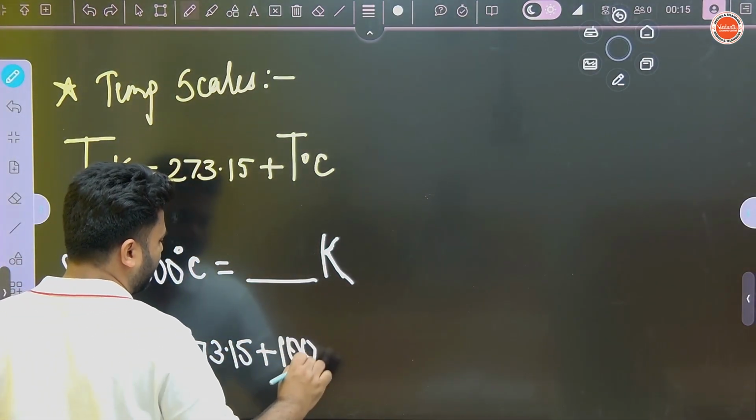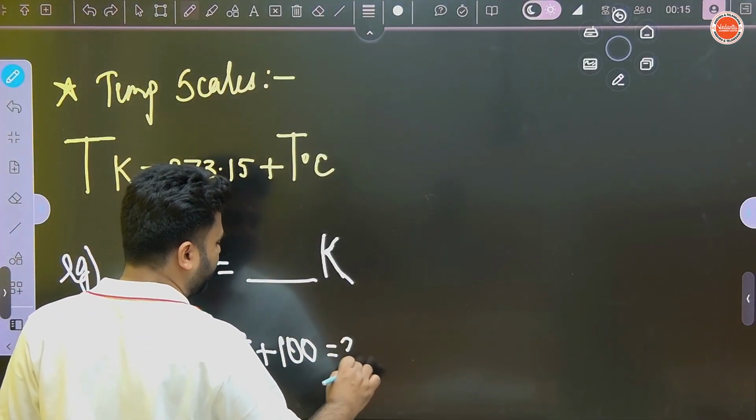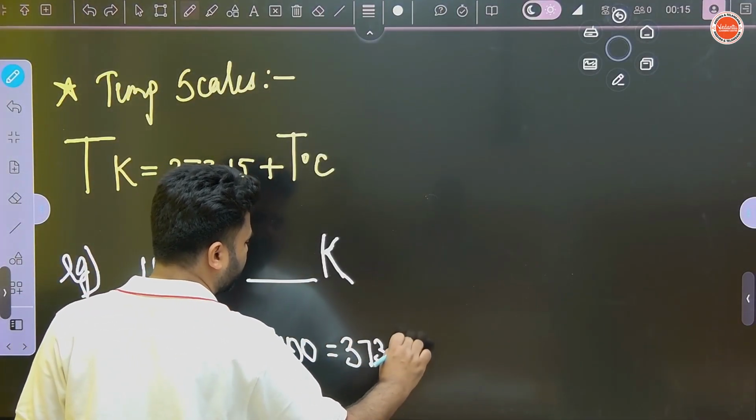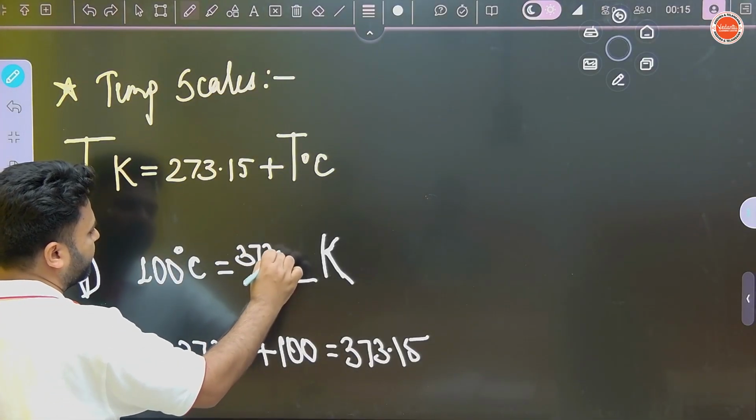Temperature in degrees Celsius is 100. So 273.15 plus 100 is 373.15 Kelvin.